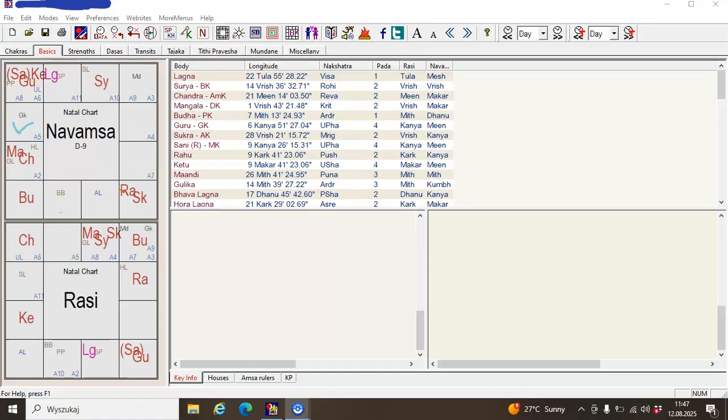Okay, so Kumbha obviously is an odd sign, so we'll be counting in a direct manner up to its lord, which is Shani. Shani is found in Mina, so it gives us only 2 years as the Kumbha Mahadasha length. So, clear it up.